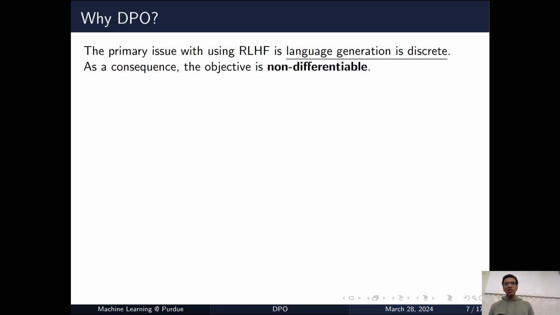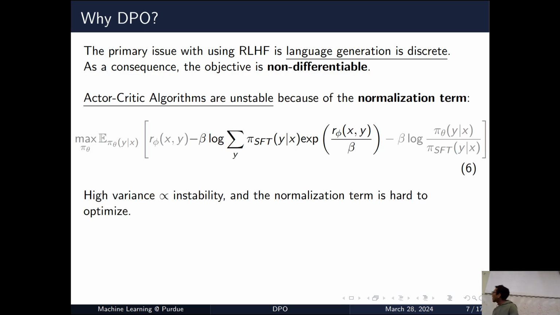But the problem is that PPO is first off suboptimal. It also requires us to deal with the normalization term. Despite us normalizing R sub phi, we still have to deal with high variance, which in certain cases causes instability. The PPO paper itself will tell you that it is relatively stable, but that is relative to other algorithms like TRPO, not something like MLE.